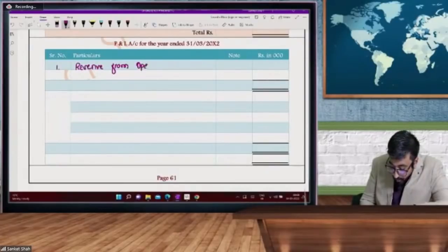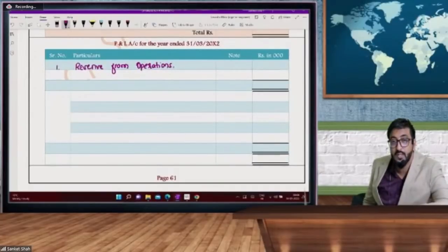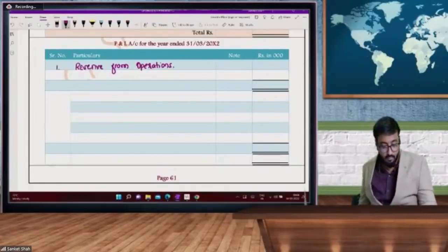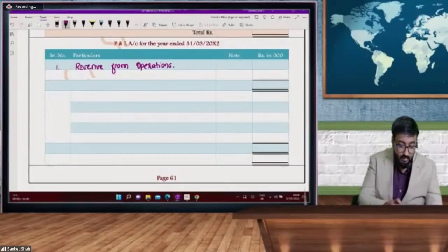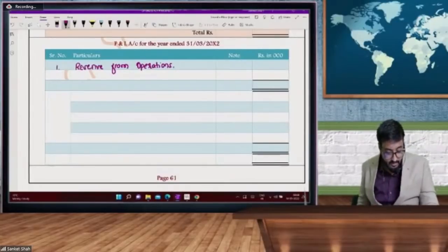Revenue from operations. So now this is a new format. Please write it. I will explain it day after tomorrow. So P&L has a different presentation. Serial number, particulars, note, rupees.